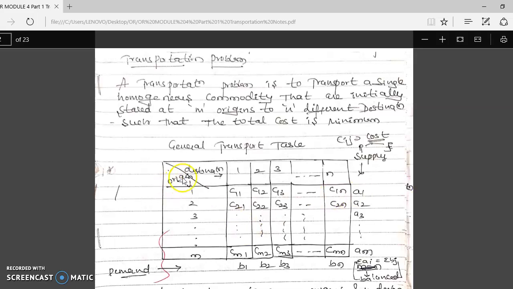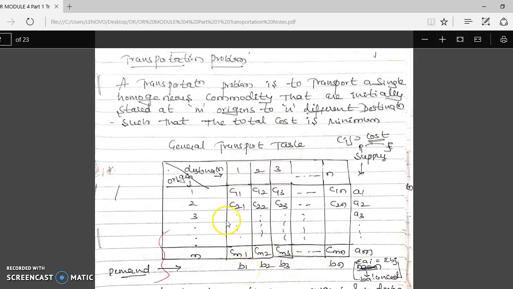Just look at here, these are the origins 1 to M and destinations, or you can say the warehouses, from 1 to N. In the origins, or you can say in the factories, the supply available is A1, A2, A3 up to AM. Similarly, in the warehouses, the demand is B1 to BN.